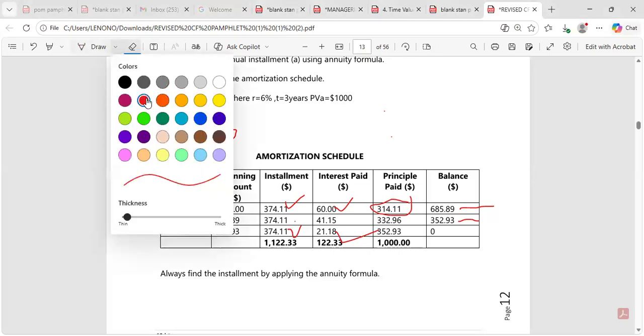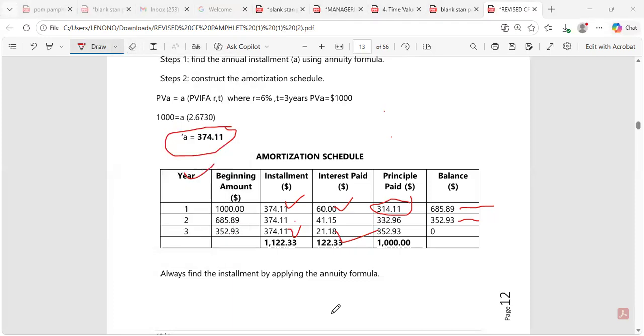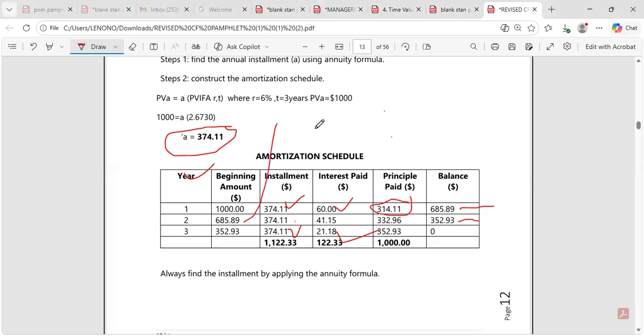This beginning amount multiplied by 0.06.